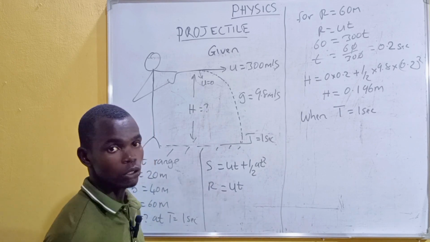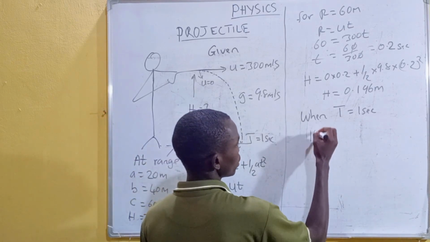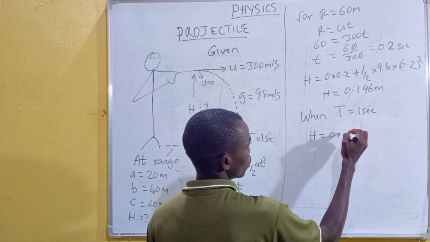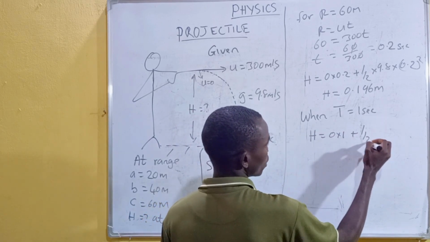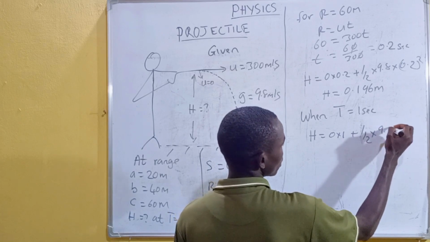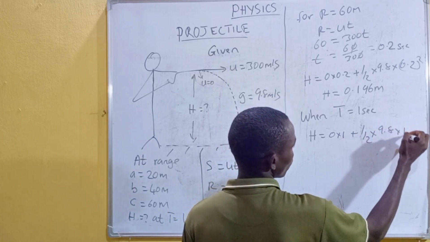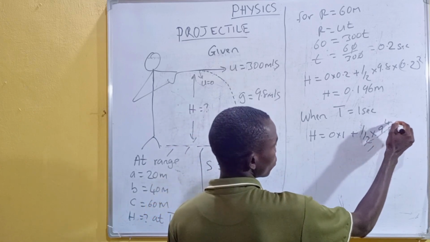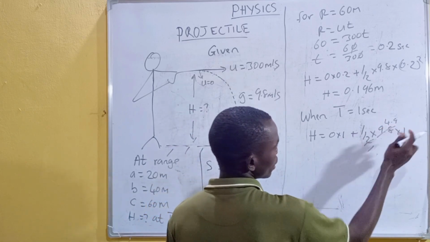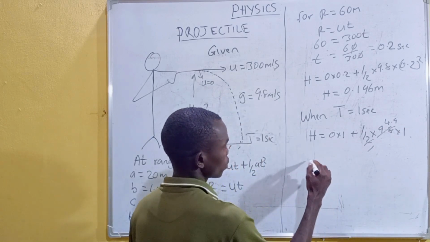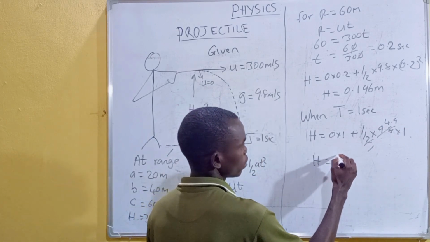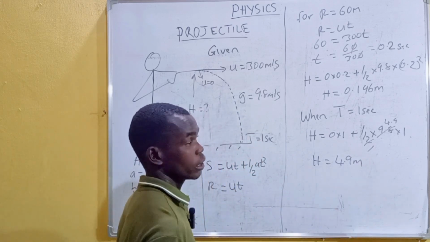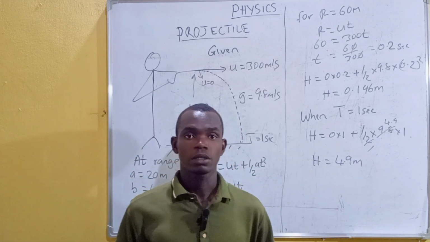Using this equation of motion, we have h equals 0 times 1 plus 1 over 2 times 9.8 times 1. So 1 over 2, divided, we have 4.9. 4.9 times 1 plus 0, h will now be 4.9 meters. These are the answers to this question.